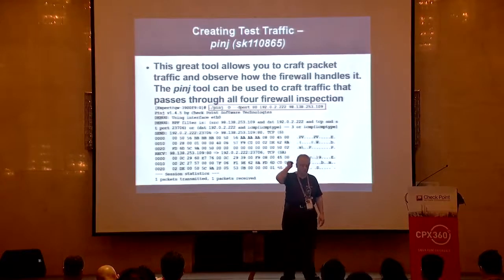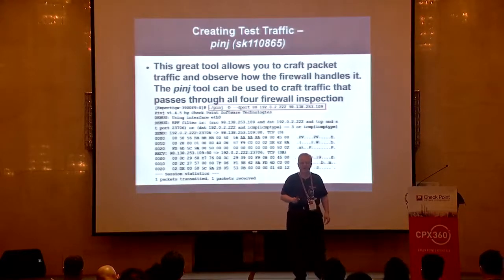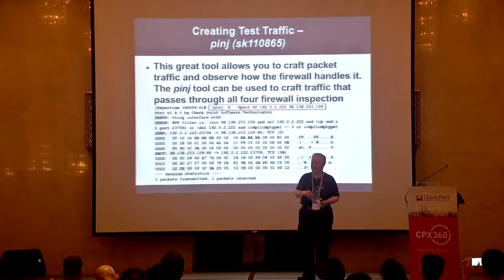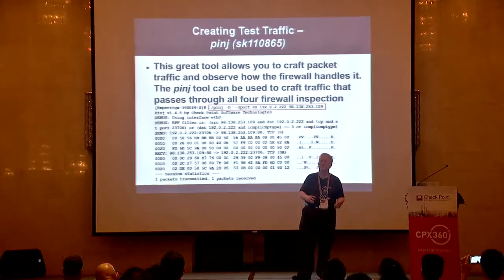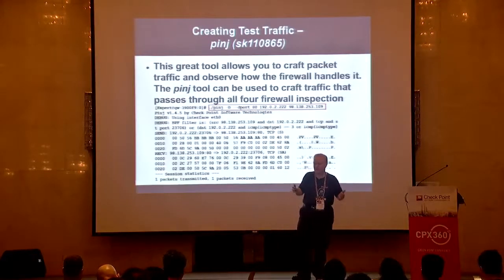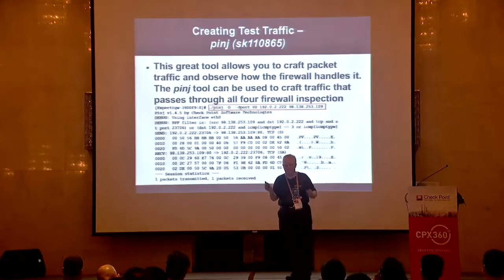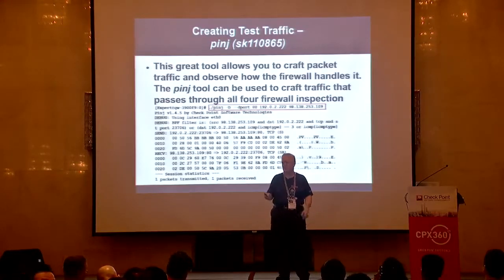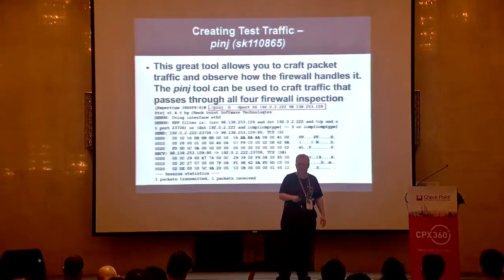And so that's what this tool, fw monitor, or rather Tool Pins, is for, right? It allows you to craft a packet in such a way that it can be sent so that it forces the firewall to inspect it and actually say, here's what happens, right? So it's not real traffic, but it's real traffic, and that forces it to go through, and you can see what happens in a troubleshooting way. It's a great tool for that purpose.